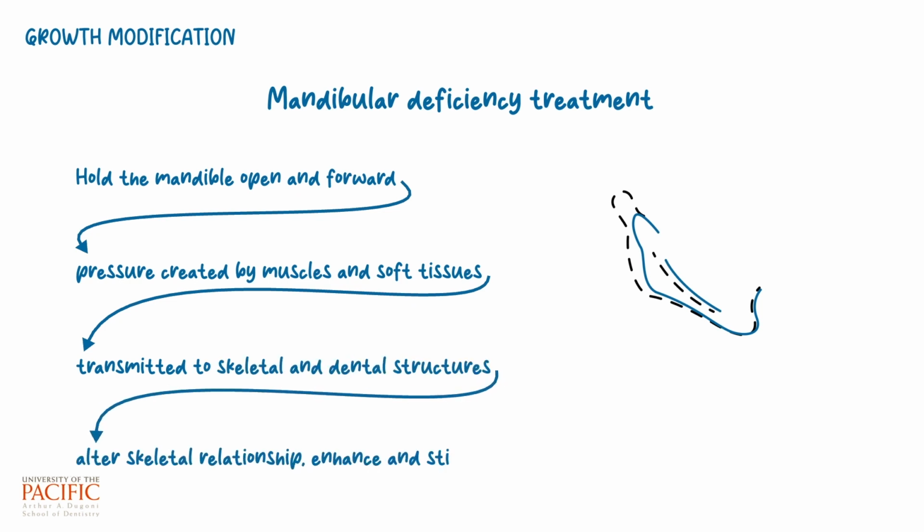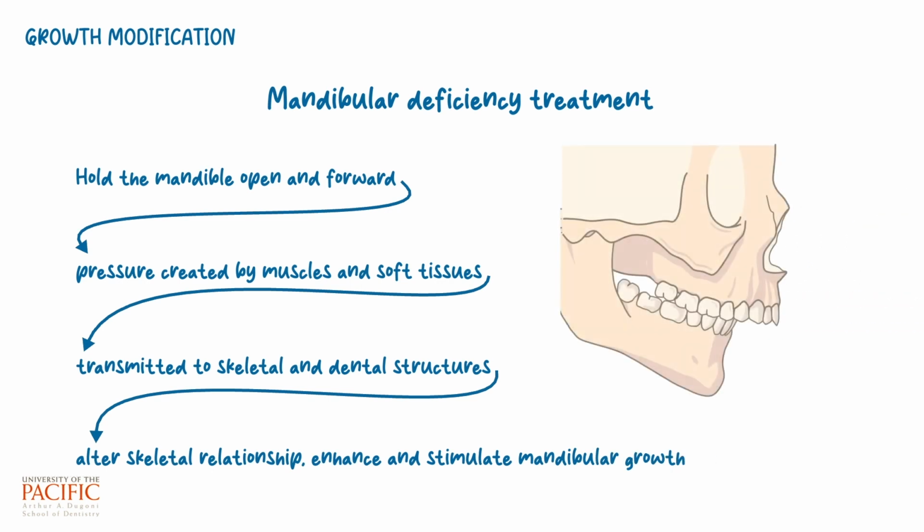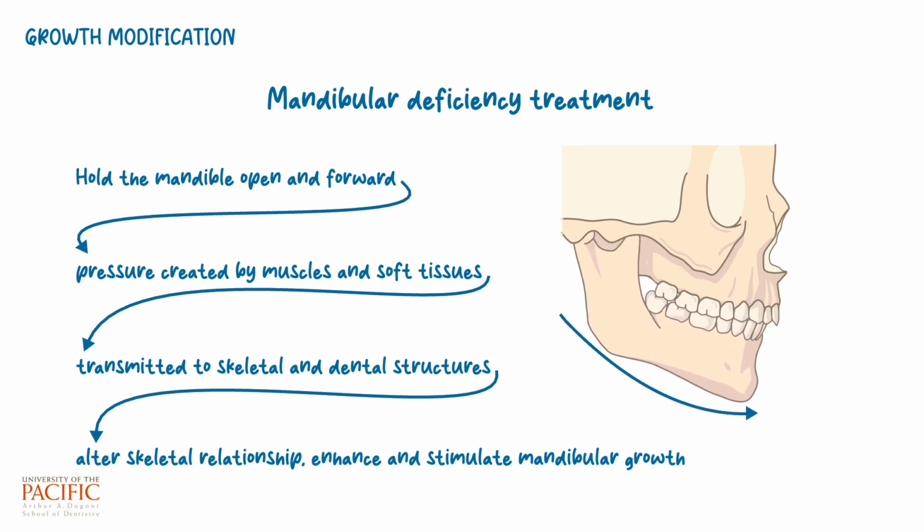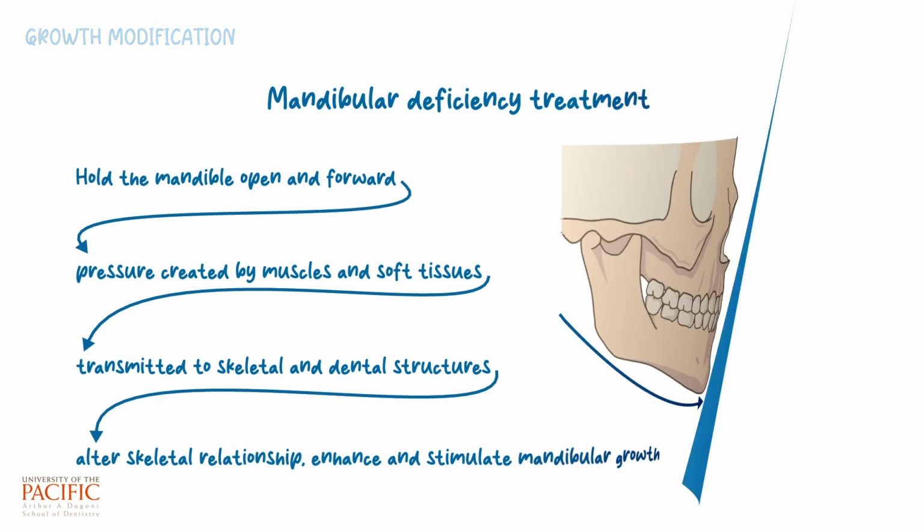Holding it open and forward, pressure is generated by the surrounding muscles and soft tissues. This pressure is then transmitted to the skeletal structures and dental arches. Through this mechanism, functional appliances have the potential to modify the skeletal relationship, stimulating and enhancing mandibular growth.